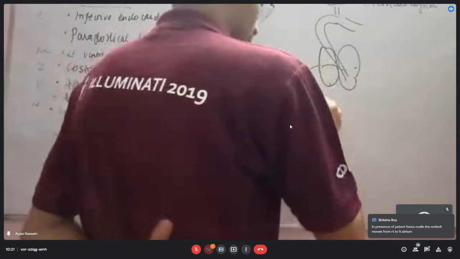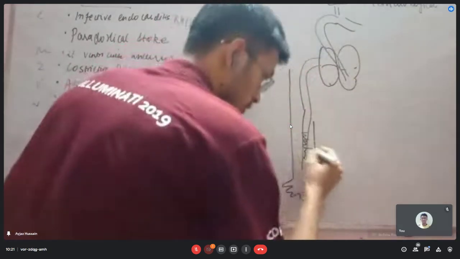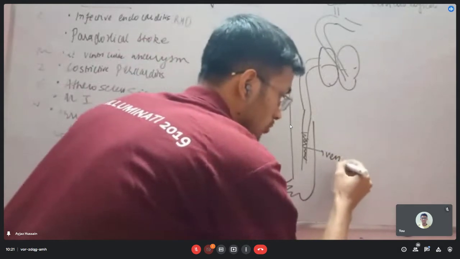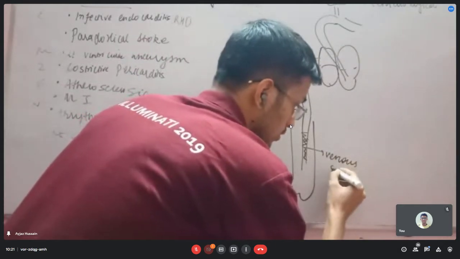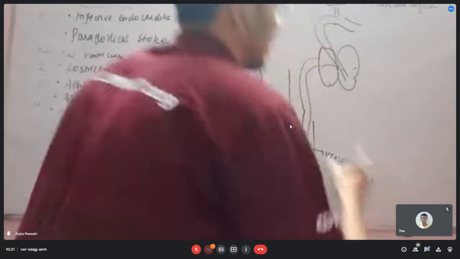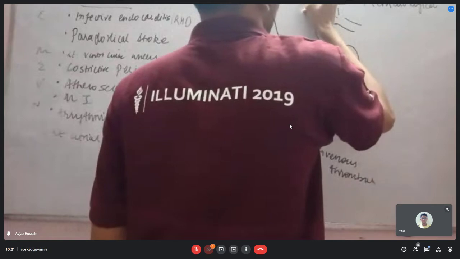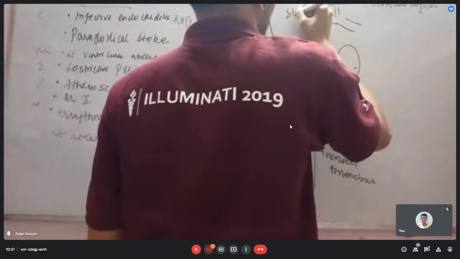This goes to the right side of the heart. So a venous thrombus causing an arterial stroke. How is it even possible?